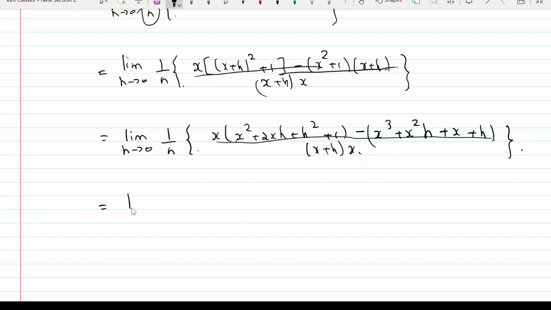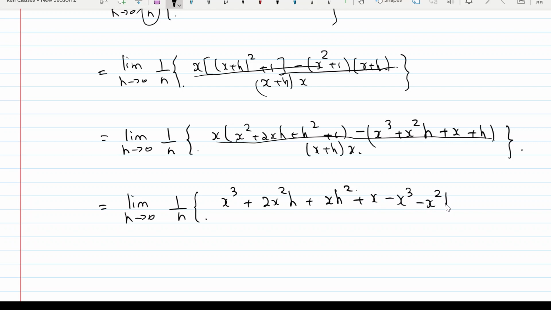which is equal to limit as h tends to 0 1 upon h into x cube plus 2x square h plus xh square plus x minus x cube minus x square h minus x minus h divided by x plus h into x.